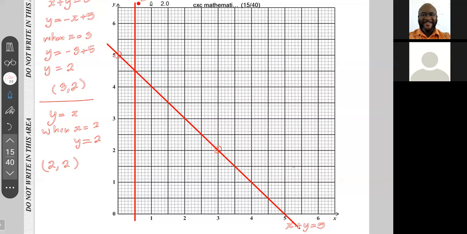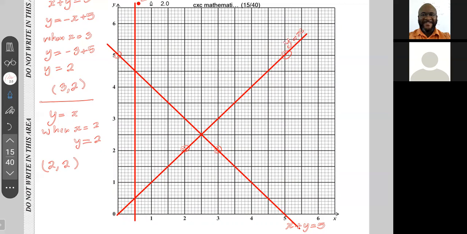Let's not use 6, 6, let's use 5, 5. The point 5, 5 is on the line. The line also passes through the origin. It passes through all points on the graph where x and y have the same value. This is the line y is equal to x.